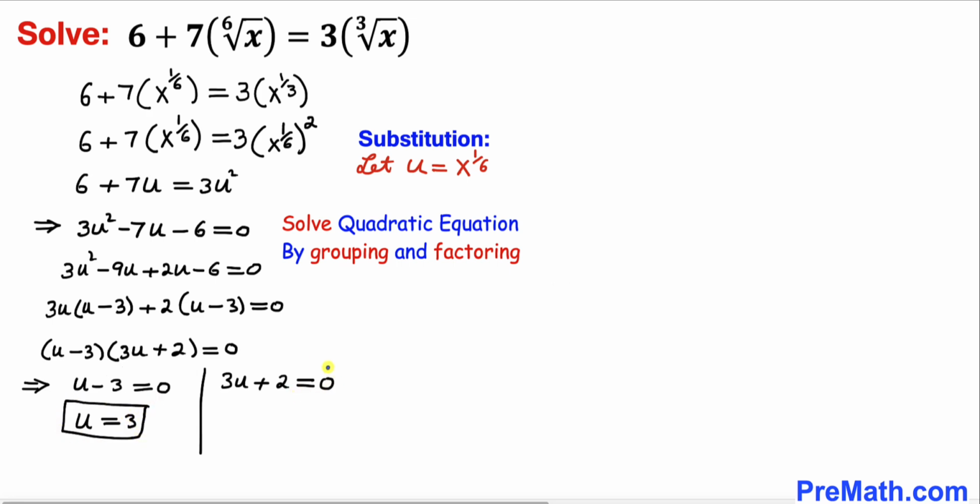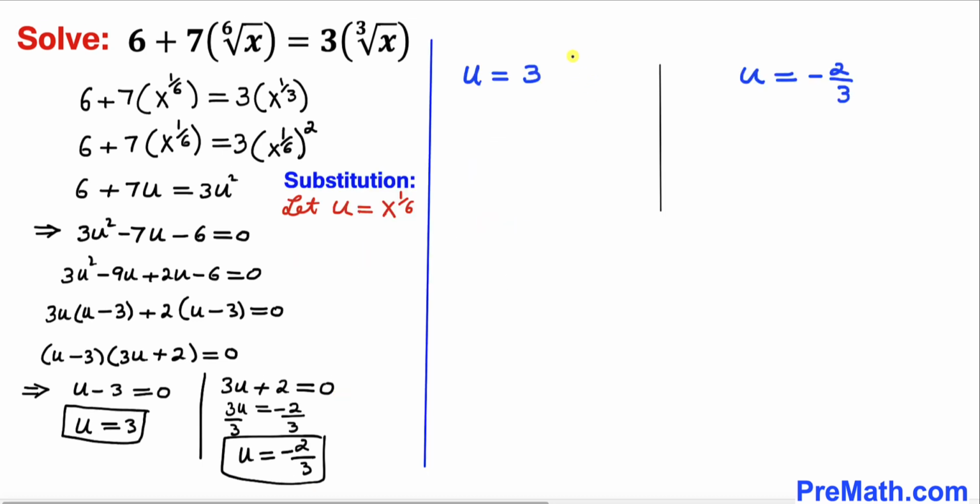Now let's focus on this second equation, and we move this 2 to the other side. So we got 3u equals negative 2. Let's divide both sides by 3. So u turns out to be negative 2/3. Here we ended up with u equals 3 and u equals negative 2/3.